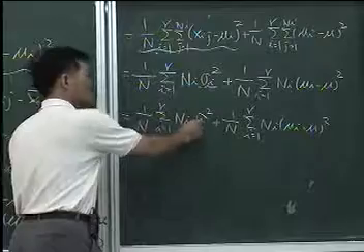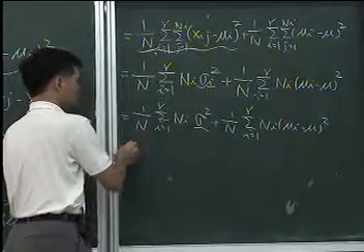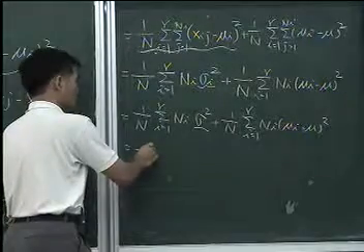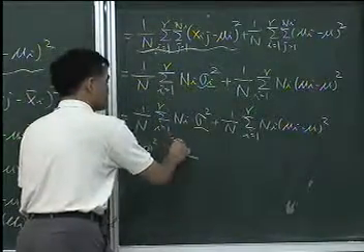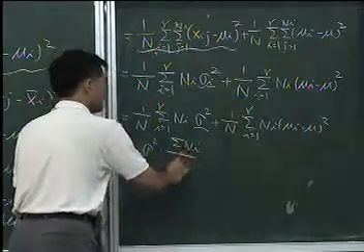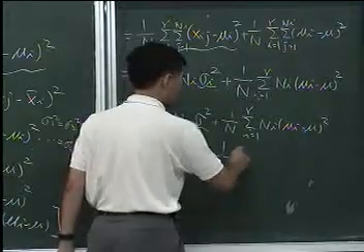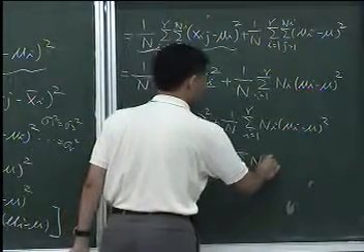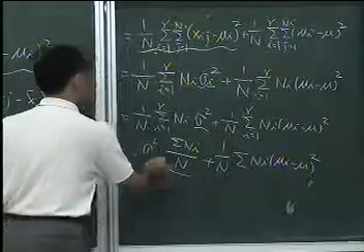Because this is a constant, you can move it out. So it becomes sigma squared times 1 over n, the summation of ni, plus 1 over n, the summation of ni times (mu i minus mu) squared. And what is this equal to?